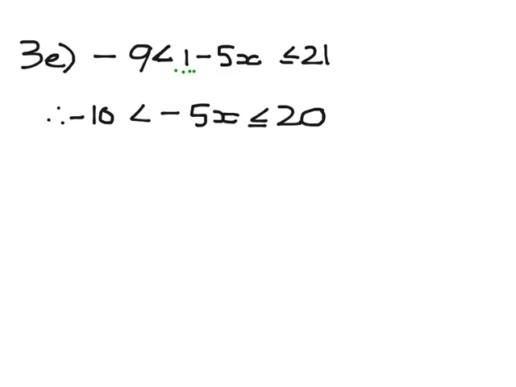Negative 5. So I'm going to divide by negative 5. If we would have negative 10 divided by negative 5 is 2. Greater than now x greater or equal to negative.